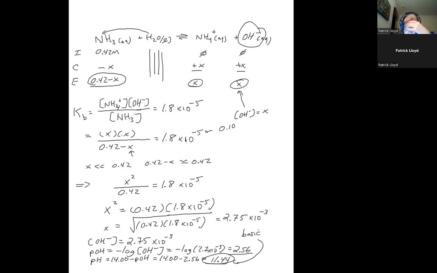It's the standard problem of giving you the initial concentration of the base, giving you the value of K, writing out the equation, writing out the ICE table, substituting back in and solving for x. x is the hydroxide concentration, so we calculate the pOH. And then we take 14 minus that to get the pH. And that's generally what we try to calculate here, is the pH.